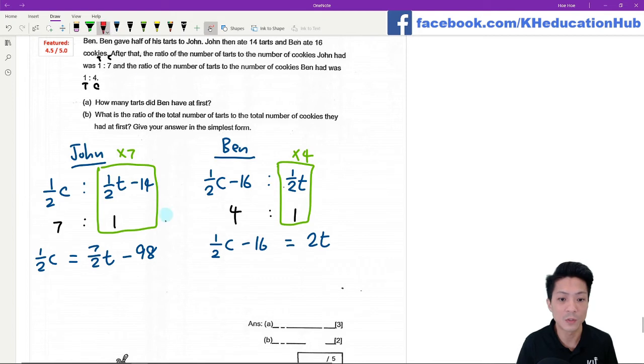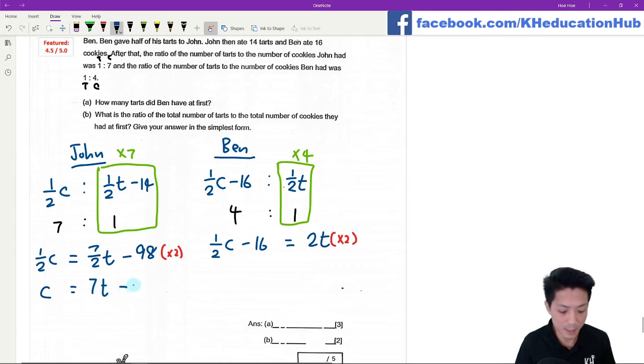The first thing that I'm going to do is multiply this whole equation by 2, so that I can get all the cookies equal to 7 times the tarts minus away 196.